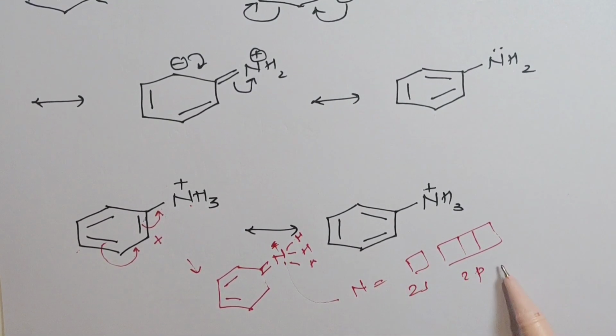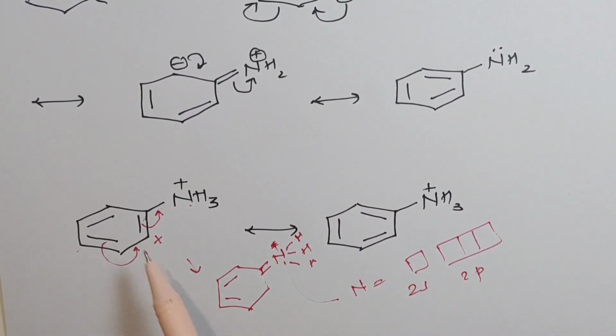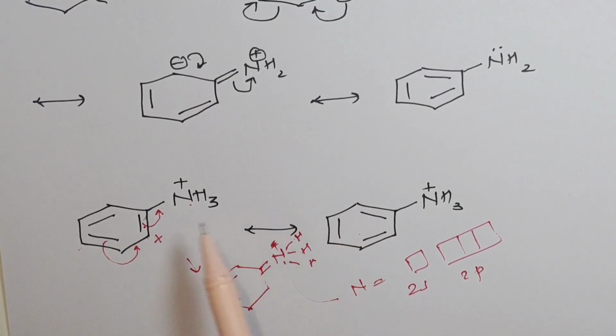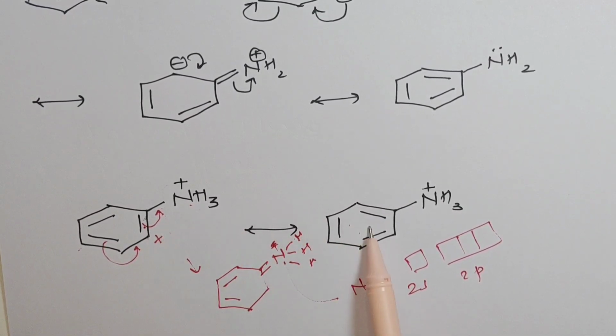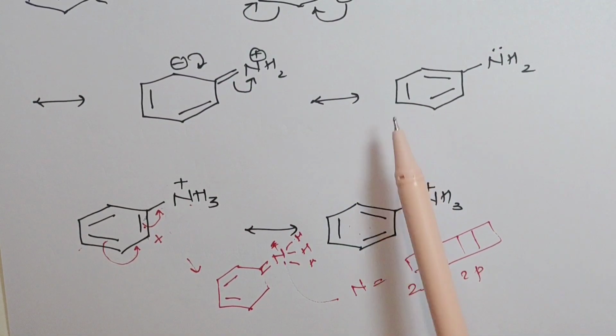Okay, it has only 4 orbitals available, so it can maximum form 4 bonds. So this won't be possible. That is why anilinium ion can form only 2 resonating structures. There are only 2 resonating structures in anilinium ion in comparison to 5 resonating structures of aniline.